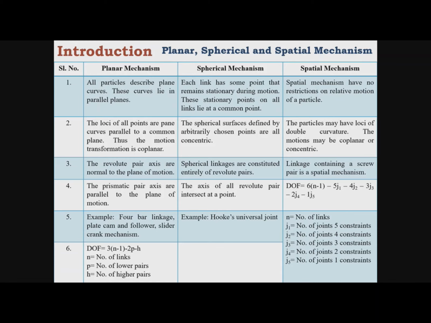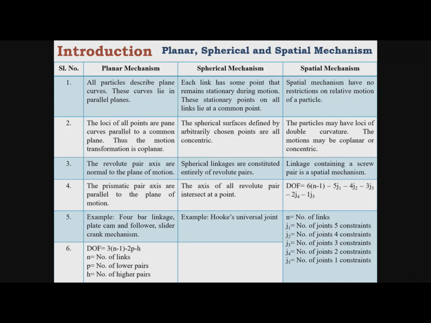The degree of freedom of planar mechanisms can be found by Grubler's criteria using the formula 3(n minus 1) minus 2p minus h, where n is number of links, p is number of lower pairs, and h is number of higher pairs.